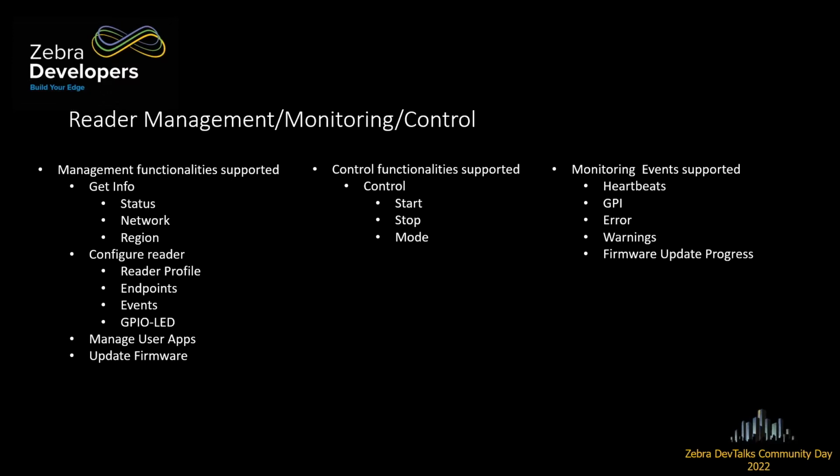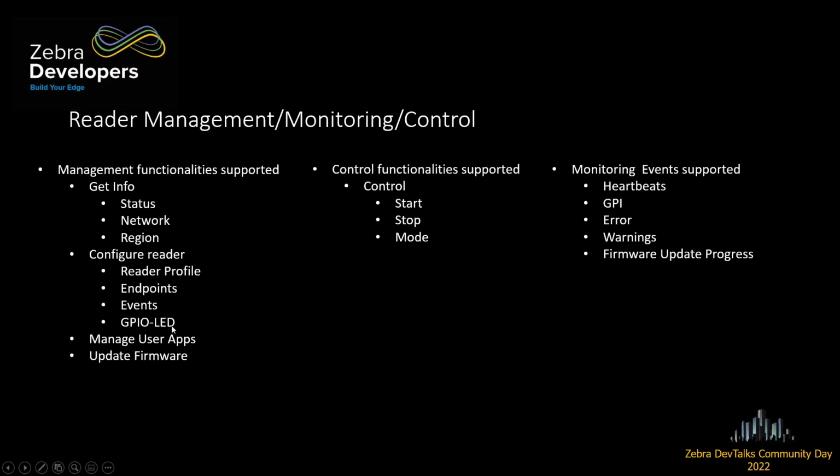But also you can customize what events you're interested in. So say for example you really don't care about CPU or memory utilization, then you can tell the reader, don't send me that information. Just send me the antenna connection, disconnection status. So yeah, that sort of customization can be done for how you want to receive the management events.